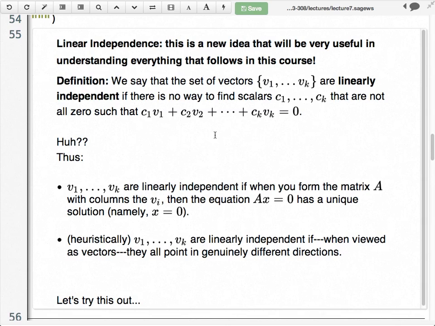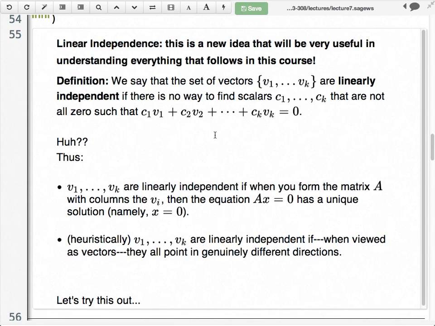Okay? I'll start with some ridiculously special cases. That's okay. So I'll just call these example 1. So I just have to make up some vectors. I'll say v1 is, make this as easy as I can, the vector 1. Okay, so there's exactly one vector. It's sitting in R1.